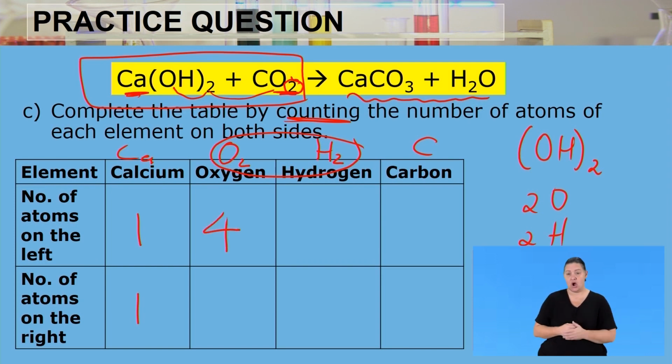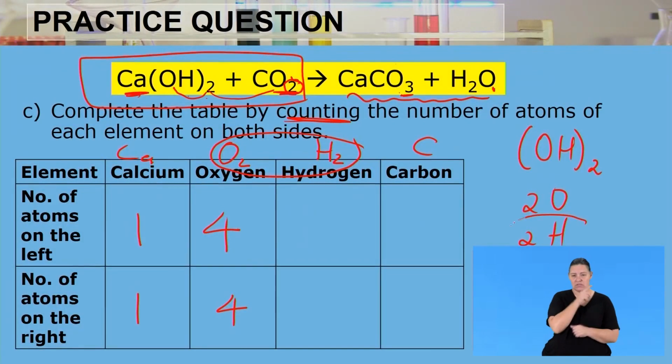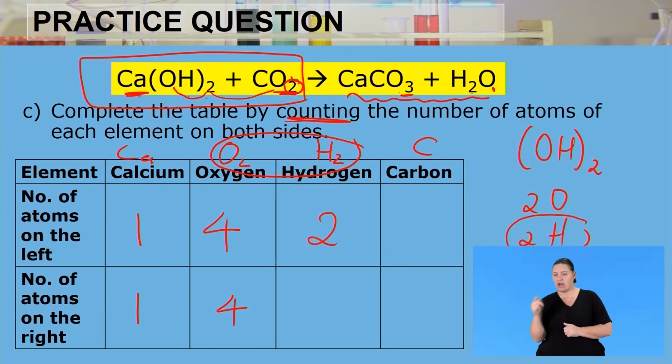Then on the right-hand side, again, we have the subscript of 3, so it's 3 oxygens, and then there's a subscript of 1. Remember, if there's no number, the subscript is 1. So it's 3 plus 1, still 4. Then hydrogen. How many do we have on the left-hand side and how many on the right-hand side? On the left-hand side, we calculated that we have 2 hydrogens. And then on the right-hand side, remember the subscript stands for that particular symbol, which is the H. So we still have 2 hydrogens.